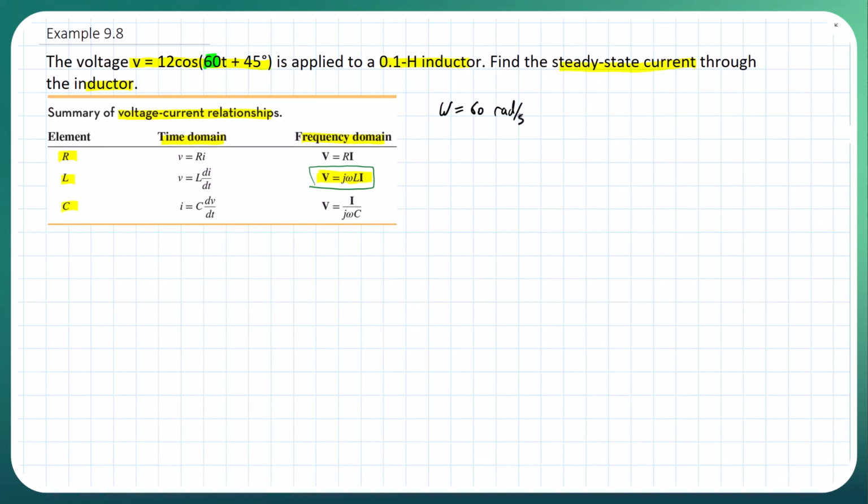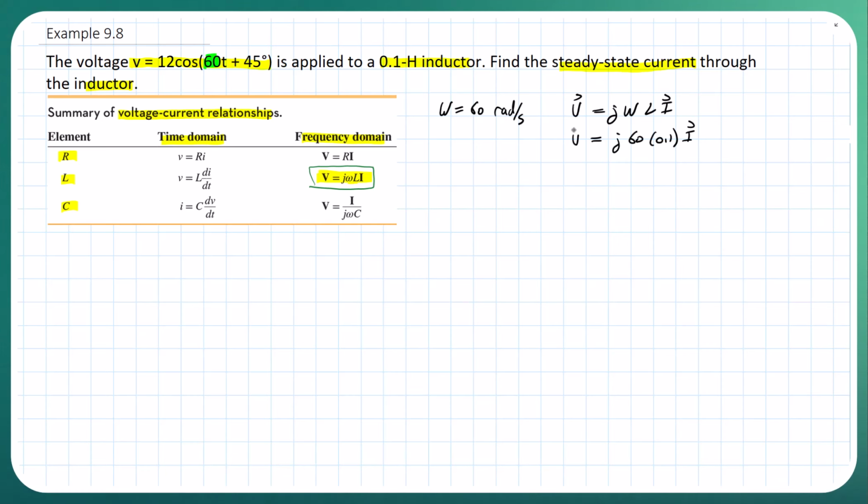So V in phasor format is j omega L times I. We know omega is 60, L is 0.1, and then we need to figure out what I is.